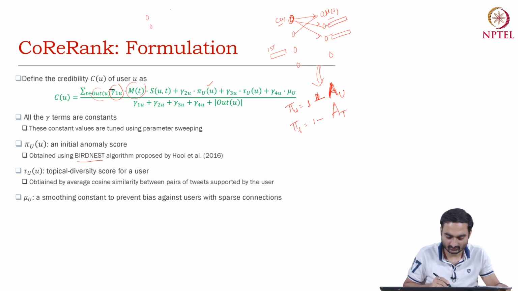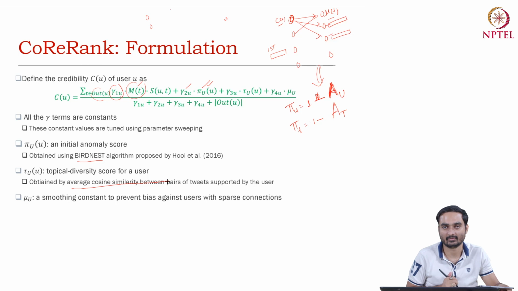So you have gamma 1 u corresponding to this MT component, and gamma 2 u corresponding to the BIRDNEST score. Similarly, we also consider the topical diversity of a user. Topical diversity of a user is basically calculated by the cosine similarity of all pairs of tweets that a particular user has retweeted.